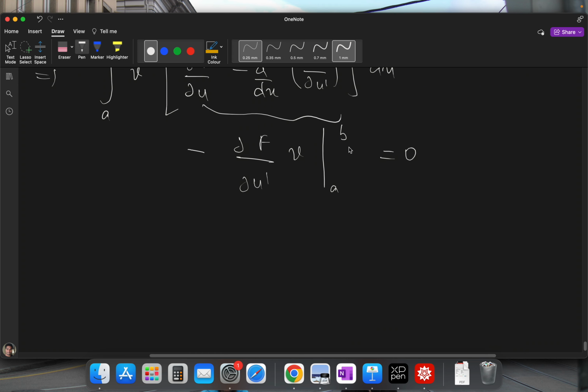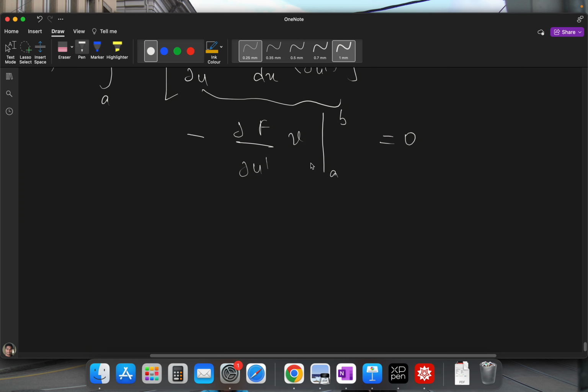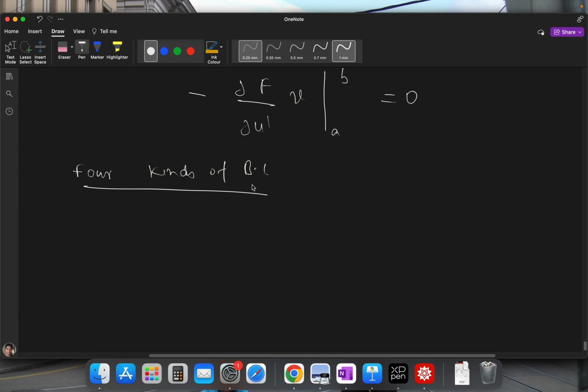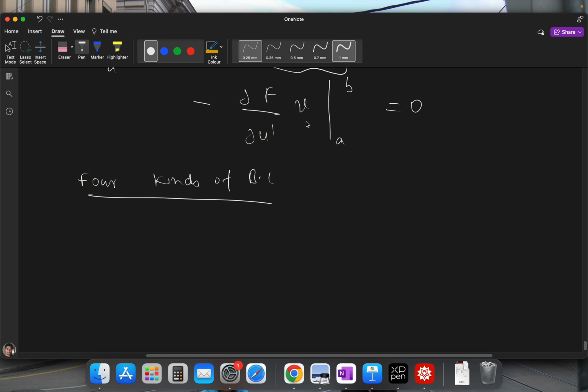But is it necessary that every time the end condition will become 0? No. Sometimes we will have four kinds of boundary conditions, not only the Dirichlet. Whatever you saw earlier was only the Dirichlet boundary condition, where end conditions are only 0, va equal to vb equal to 0.